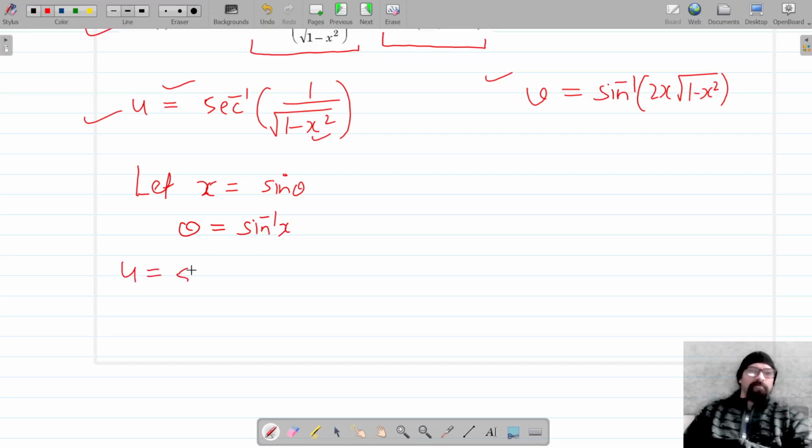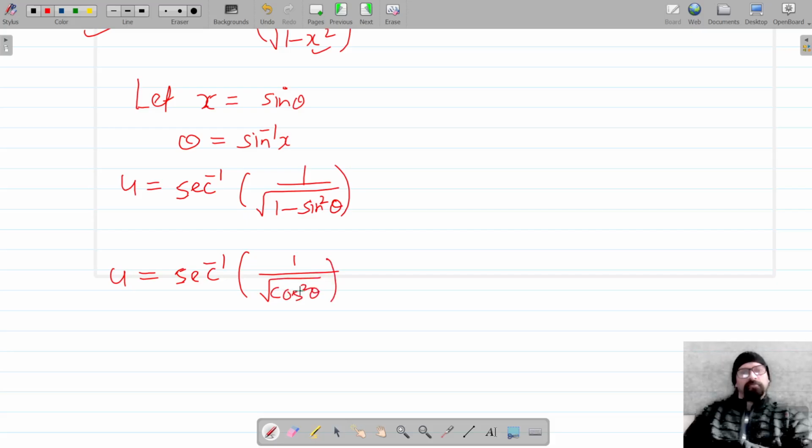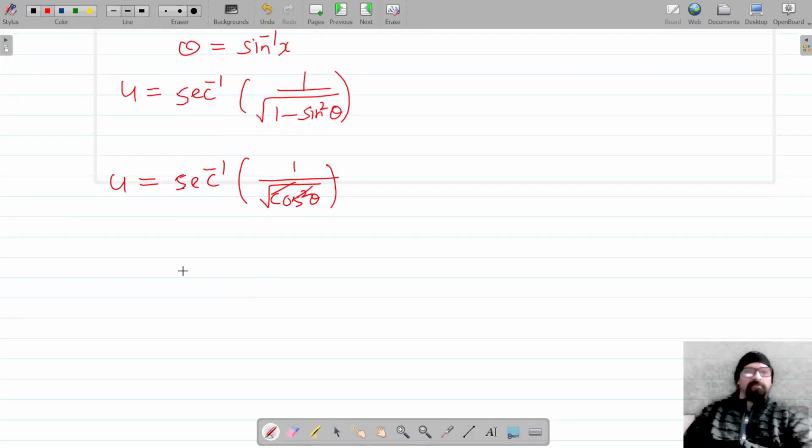Now u is equal to secant inverse of 1 upon under root of 1 minus x square, which is sine square theta. Now under root 1 minus sine square theta is under root cos square theta. So we cancel.